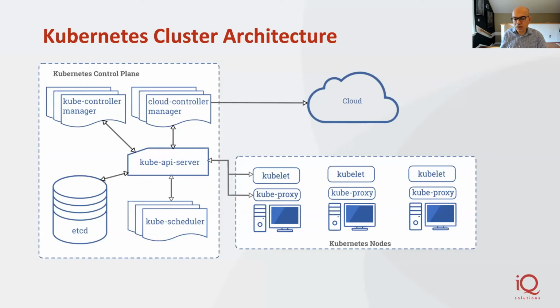Those are the workers. If you buy Kubernetes as a managed service with one of the three big providers, or even Linode or DigitalOcean, what they give you is the control plane, and you specify how many nodes you want, and they'll provision that for you.